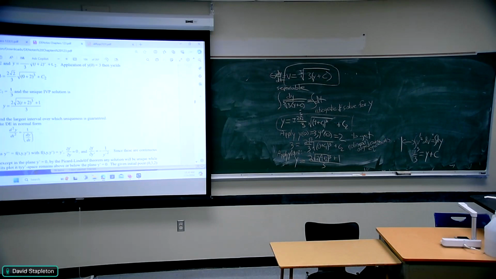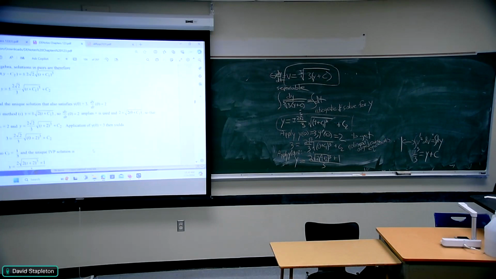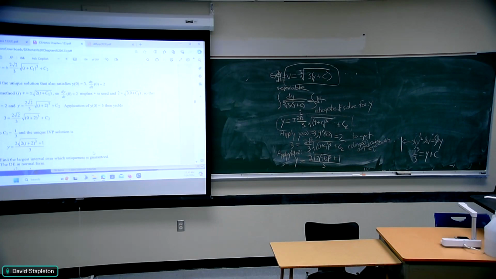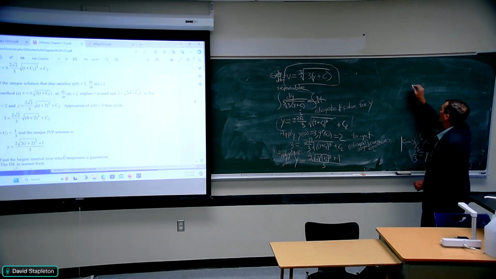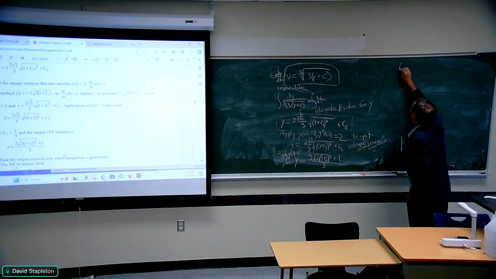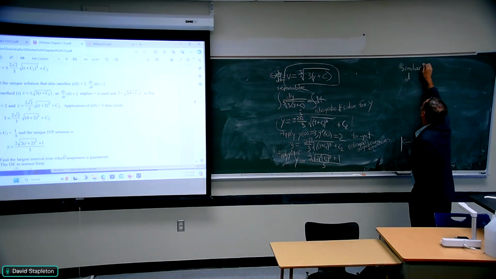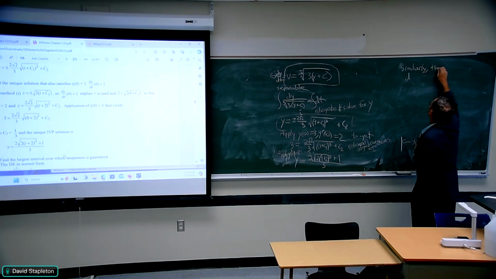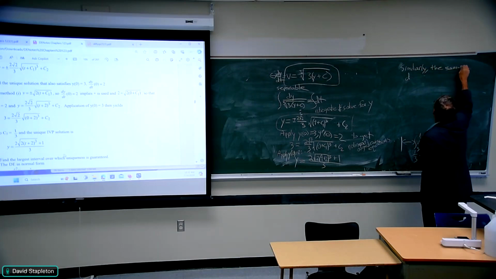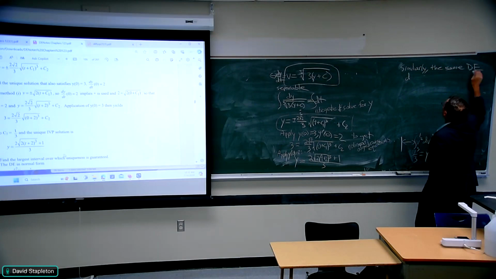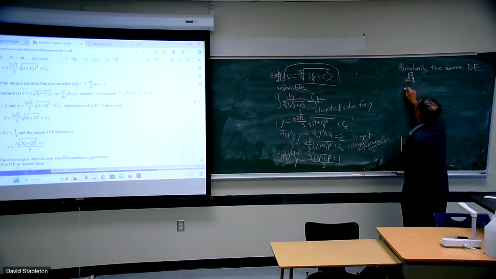Now, the other way we can do this is to say, well, the other method actually applies. Again, the same equation: d squared y dt squared times dy dt equals 1.